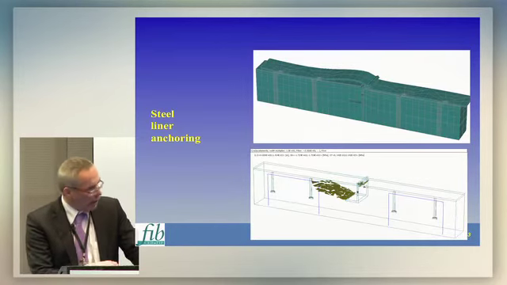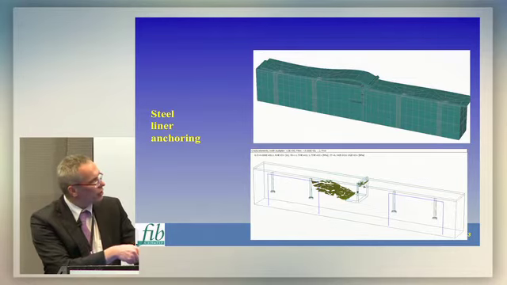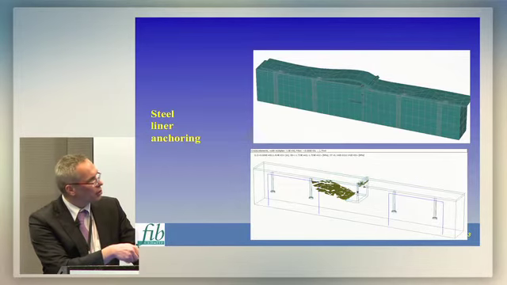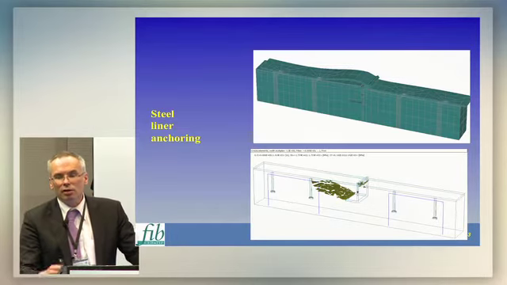The load case scenario for such an anchorage is again an accident. It's called a local loss of coolant accident, which introduces, first of all, pressure, but at the same time, higher temperature. The higher temperature will heat up the liner, and the liner will buckle.